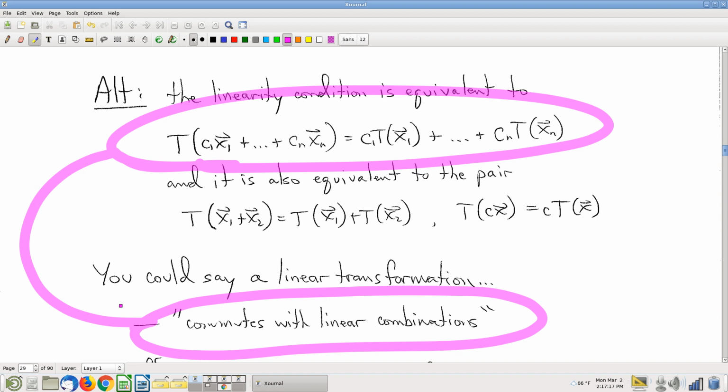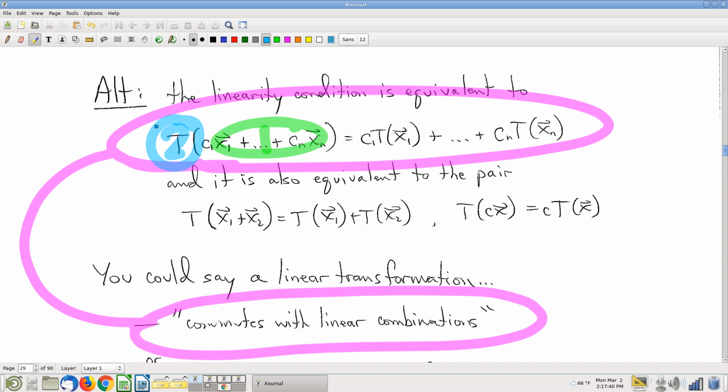It doesn't matter which order. You could do this one first and then that one, or this one first and then that one. It doesn't make any difference. And that's kind of what's happening here. When we say commutes with linear combinations, note first we're doing the linear combination, and then secondly we're applying the linear transformation.